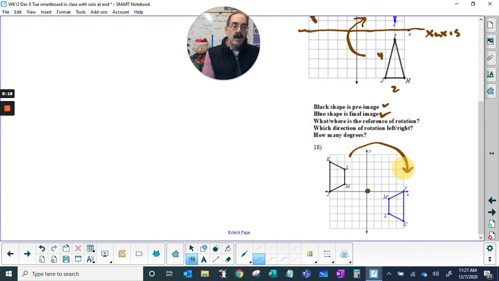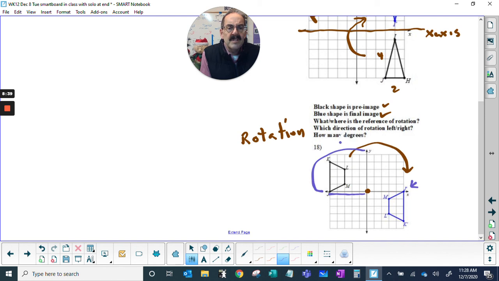So in the old days, we would have written a rotation. And then we would have tried to find out where is the reference point here, all the way up and all the way over for J prime. Okay, so 90 degrees.